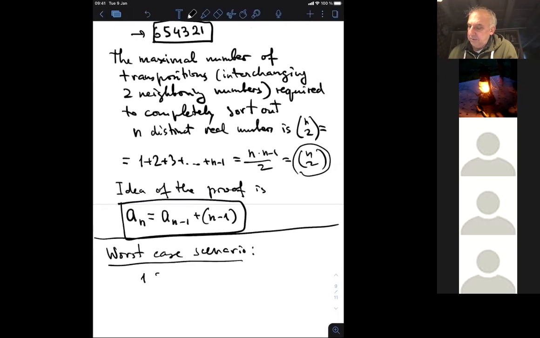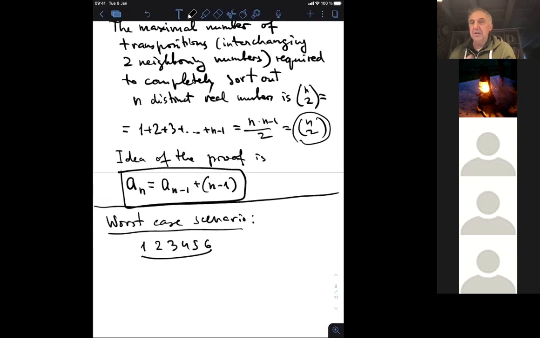So it's, of course, 1, 2, 3, 4, 5, for example, 6. Now, if we want to sort this in descending order, we have to use 5 steps. 2, 3, 4, 5, 6, 1, and this one would be frozen.